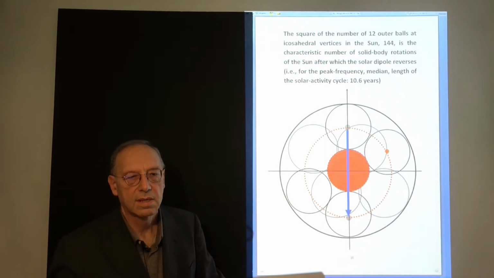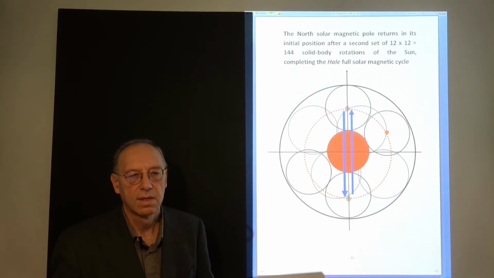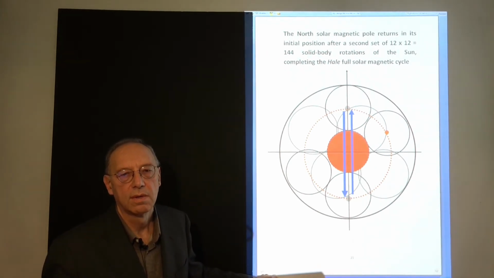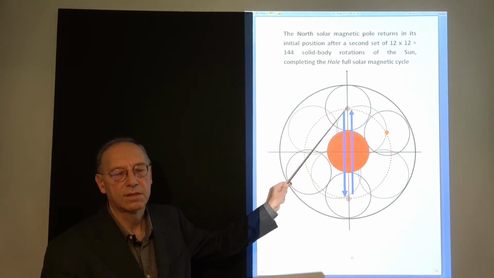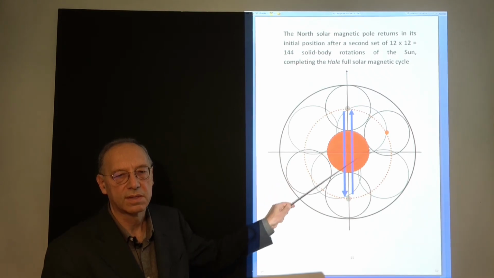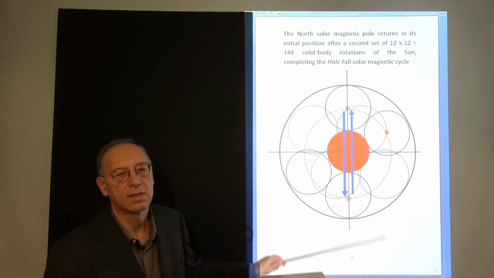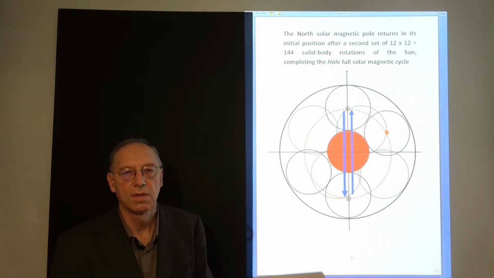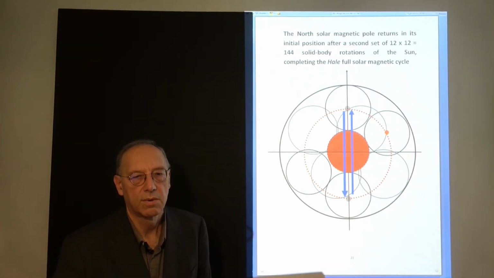After a second set of such 144 rotations, the solar magnetic pole returns to its initial position. After 144, i.e. a square number of the number of vertices, it rotates into the opposite antipodal position, and after the next one it comes back into its initial position. This is called the Hale full solar magnetic cycle, after George Ellery Hale, who discovered this principle in the early 20th century.